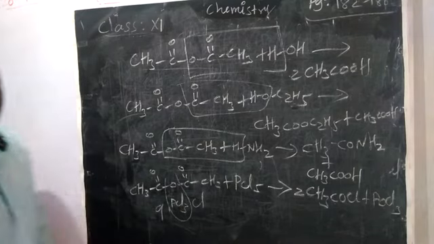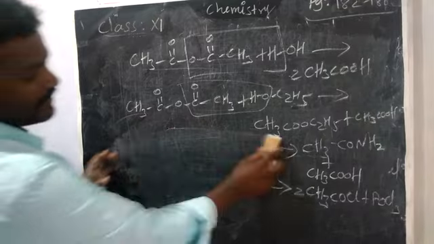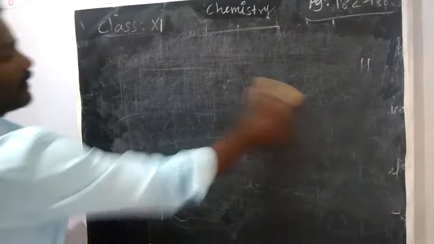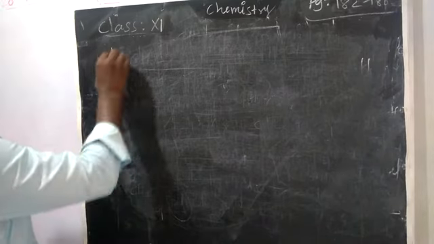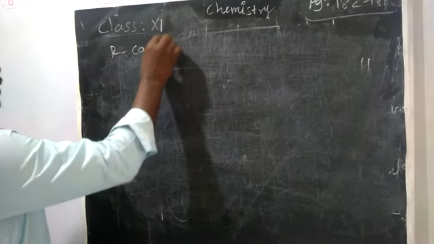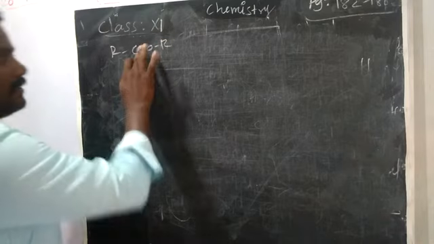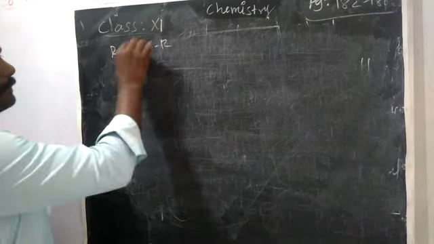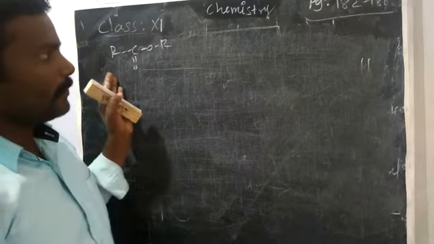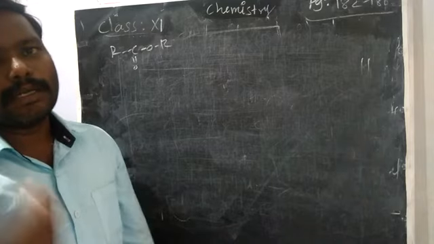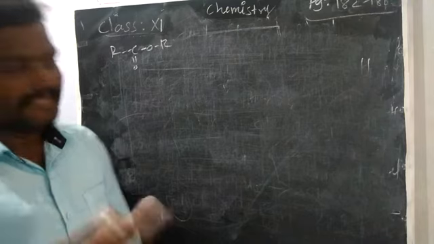Okay. Next we are going to prepare ester, the third acid derivative. Ester is RCOOR. This is the general molecular formula for ester, and this O you can write as a double bond. How will you prepare ester? Already we know that if you take one alcohol with acid, it will give ester.